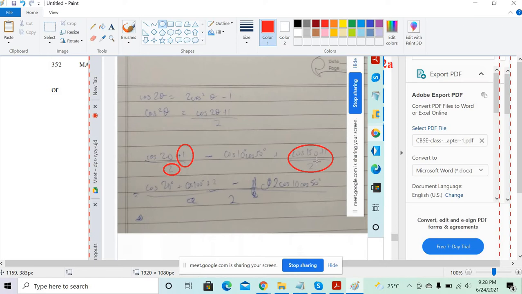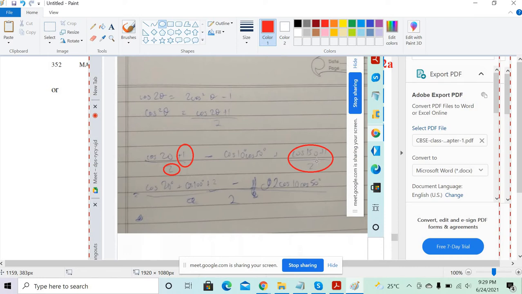Why? You'll get this different answer. Again it came 1 by 4, 1 by 2. That's why I stopped it when I did it. Okay, no problem. So let's go to the place where you applied the formula.